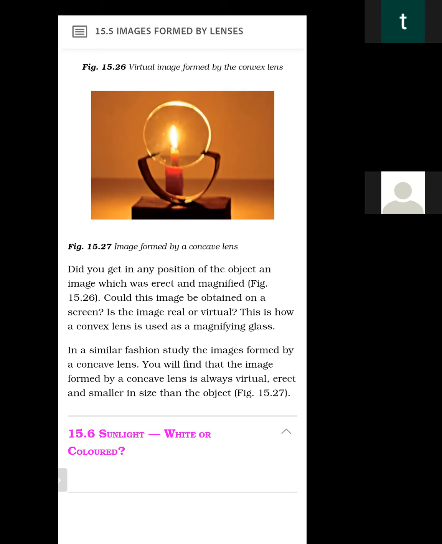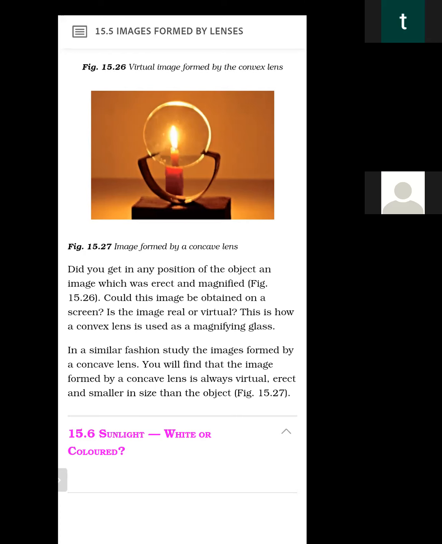A concave lens always forms a virtual, erect, smaller image than the object. It cannot form an inverted image, it cannot form a magnified image, and it cannot form an image on screen. It will always form a virtual, erect, smaller in size image.